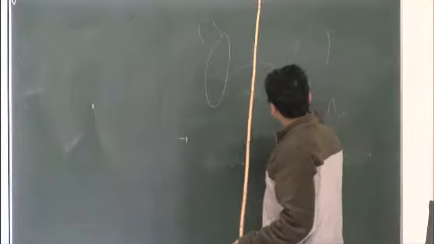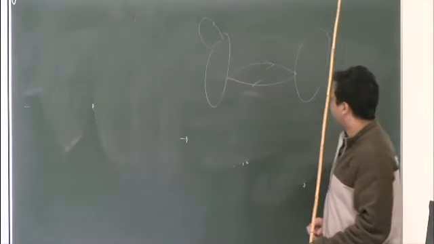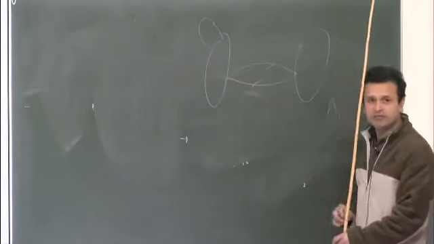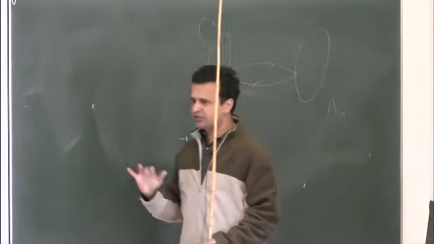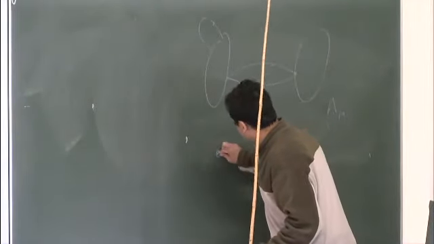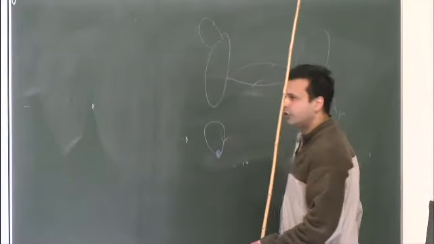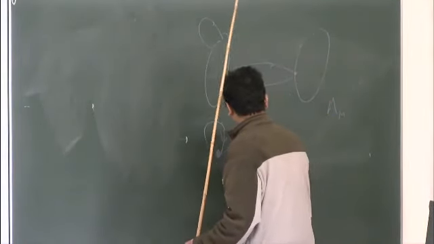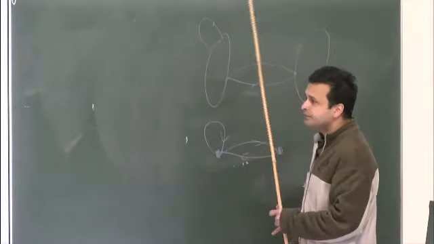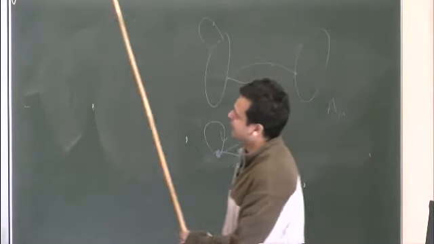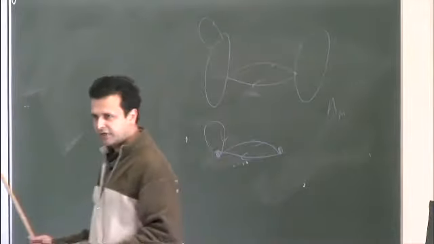So for example, this would be a consistent configuration where I have this and that, but the other one wouldn't be. So there's a counting of different string states, which in fact you can map to a graph counting. So each brane can be represented by a node in a graph, and the strings can be denoted by oriented arrows. And there's a counting of what are the possible configurations consistent with Gauss law.